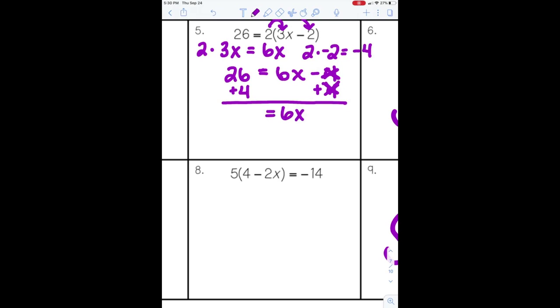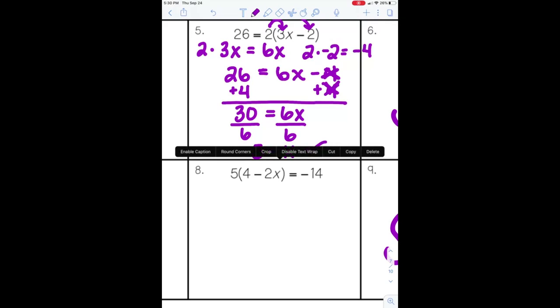And 6x is going to actually be equal to 30. So I am going to divide by my coefficient. And that is going to give me 5 equals x. Okay? And that's how you know you're done. Once you have one number on one side and then one variable on the other, then you're finished, okay?